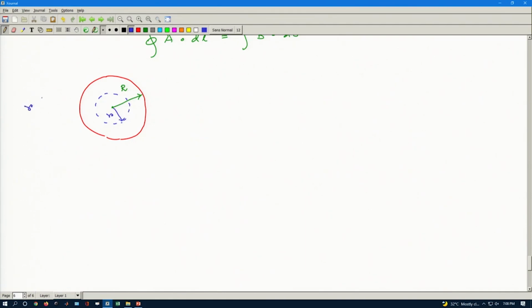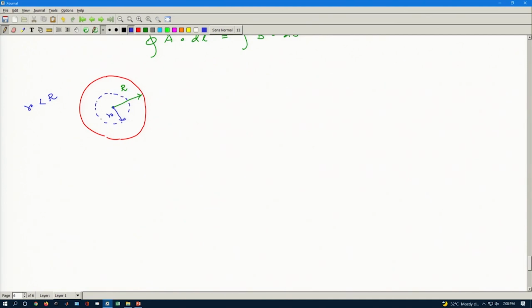So, small r is less than R. So, A dot dl if I calculate, because B is perpendicular to this plane, A is circulating along this line.